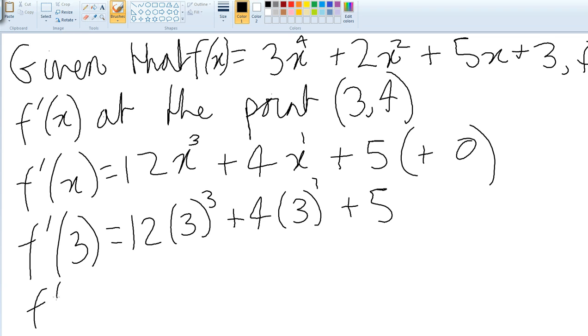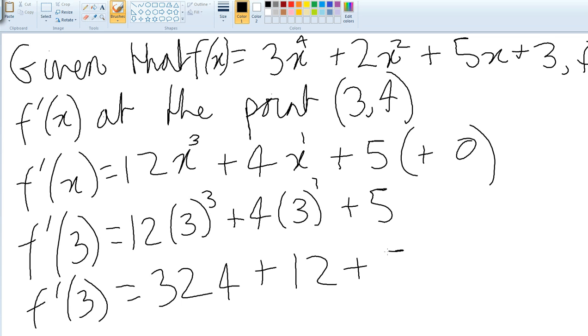And that equals 12 times 3 cubed, so that's 27 times 12, which equals 324. 4 times 3 just equals 12, plus 5, and then you add that together, and you get 341, which is quite a big gradient. And that is the gradient at that point on this line. And that is how you do differentiation in C1.